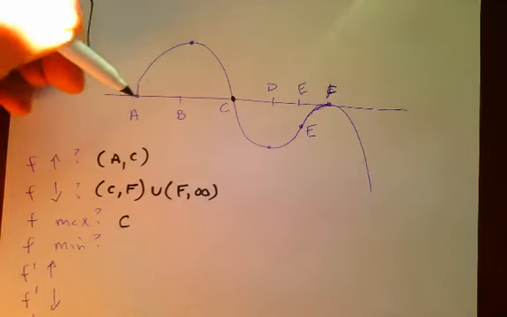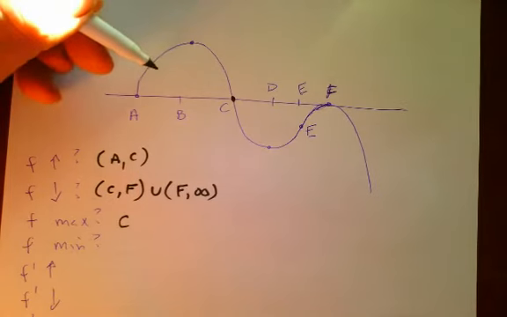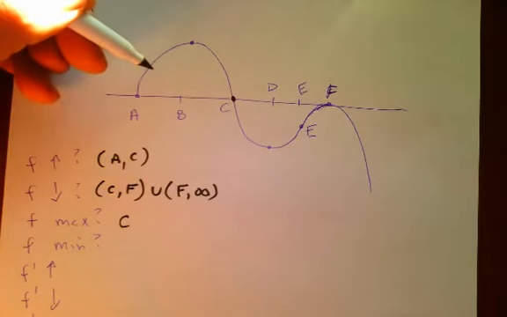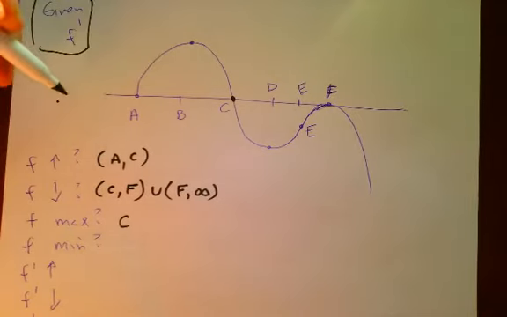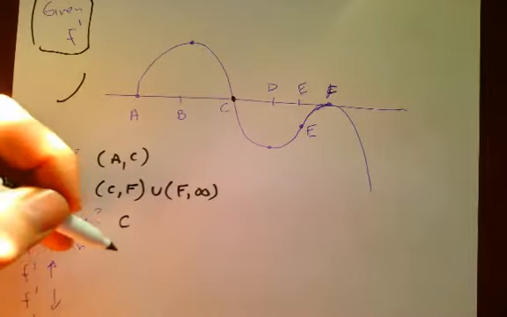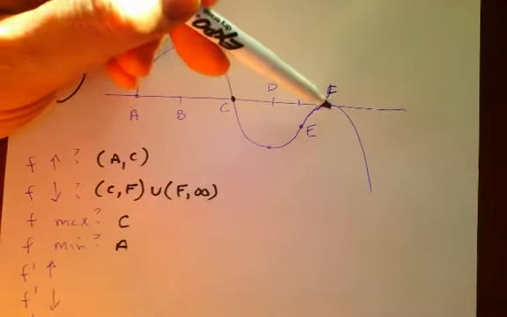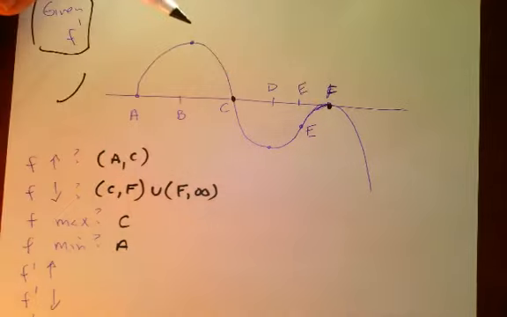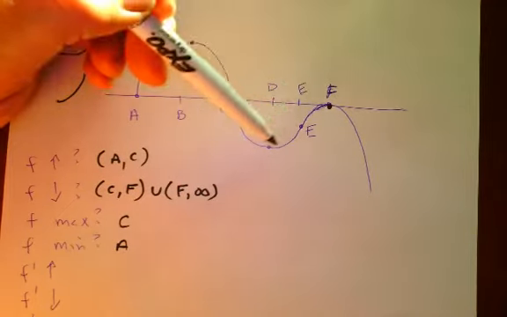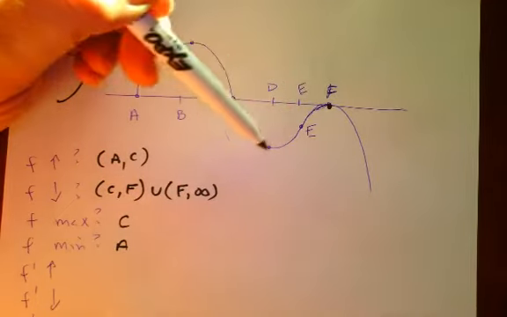Now, this is an endpoint, and I should definitely be considering endpoints. From this point where I have a zero slope, the function f is increasing. So if I'm at a point and the function is increasing, that's not going to be a max, that's going to be a min. So I'm going to put an A there for later.